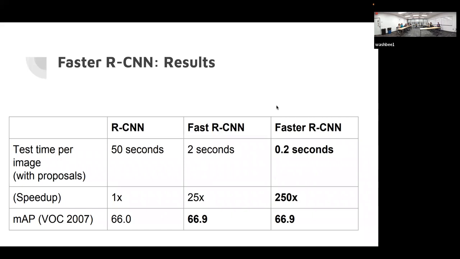And these are the results of the three algorithms. This paper had a really long results section. I just bring you the highlights, which compare the speed and mAP, and it shows how fast they get.